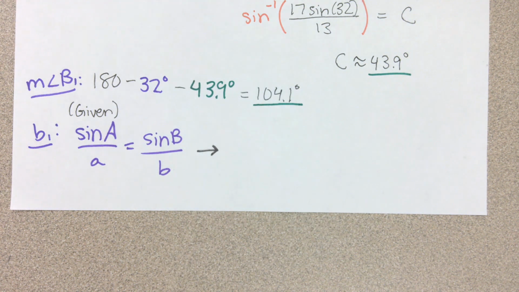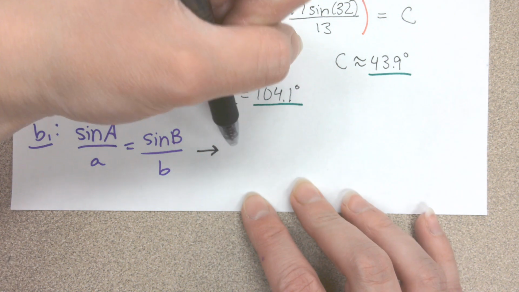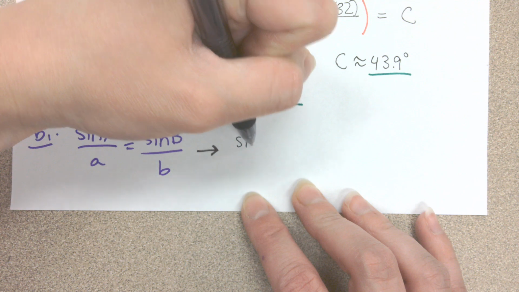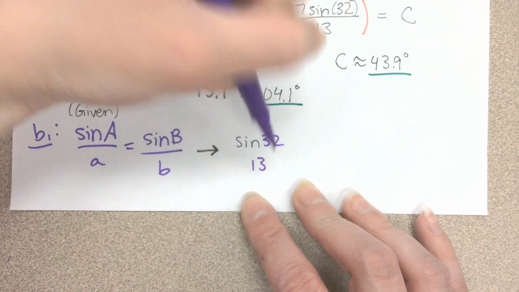I'm going to kind of do the cheat work here where I show as little as possible just because I'm running out of space. But we have sine of our A value is 32 degrees. And then little a is 13.